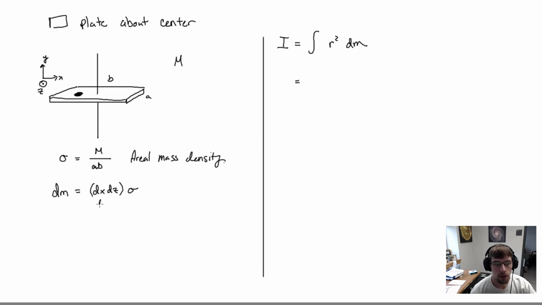So you notice now I have to do a summation not over one direction, but two. And this is sometimes referred to as a double integral. So now I've got two of these because I've got to do it over the x direction and over the z direction. Hopefully you see the distance is just going to be given by x squared plus z squared.